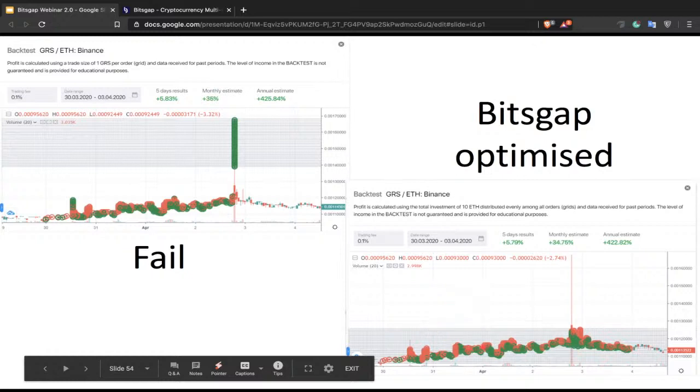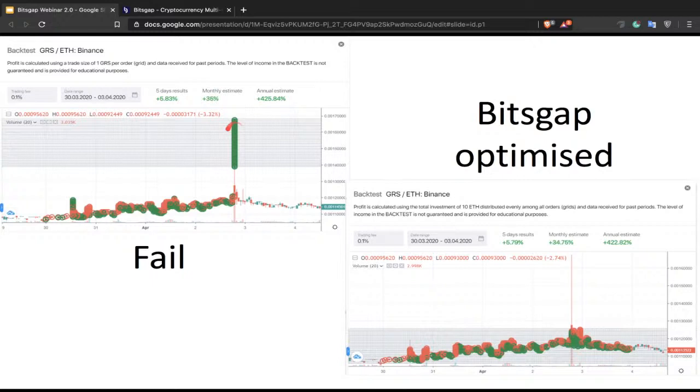With optimization, you would have a smooth active bot trading. You would have a smooth profit generation. Whereas without optimization, all of these buy orders that would be executed at the highest price as the pump occurred, your investment change would be negatively affected significantly.